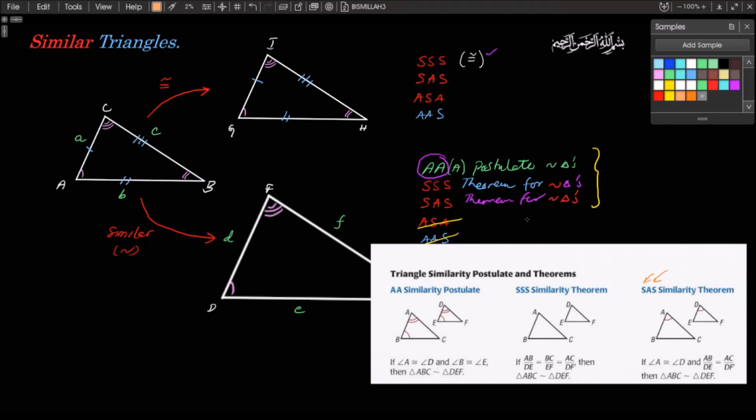And we suggested that the most important postulate for proving triangles to be similar is the angle postulate, because you really only need two angles to prove triangles to be similar. And then we suggested that angle side angle was redundant, and angle angle side was redundant, and then we were really only left with three. That's angle postulate, side side side theorem, and side angle side theorem in proving triangles to be similar.